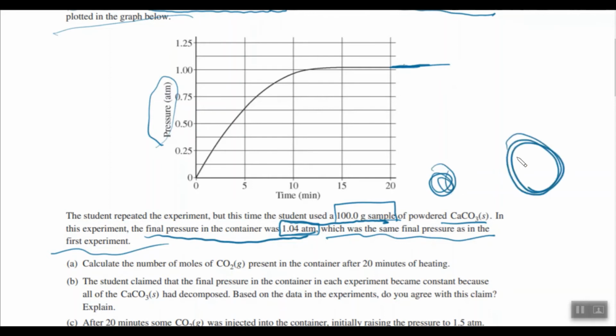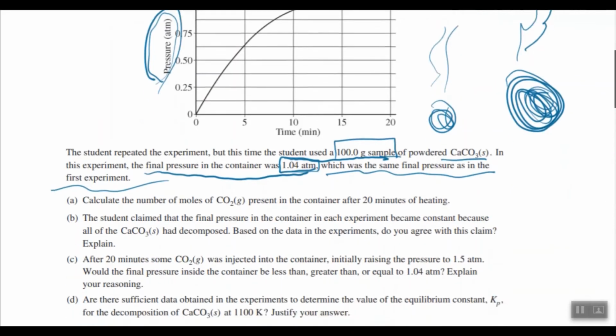In this experiment, the final pressure in the container was 1.04 atmospheres, which was the same as before. Ooh. So even though they used more of the calcium carbonate, you still produce the same amount of gas at the end, or the same pressure to be precise, and this probably has to do with equilibrium. So let's figure out what's going on.